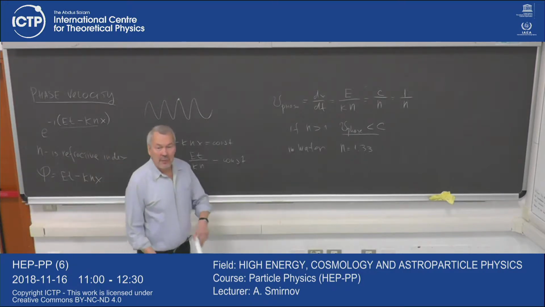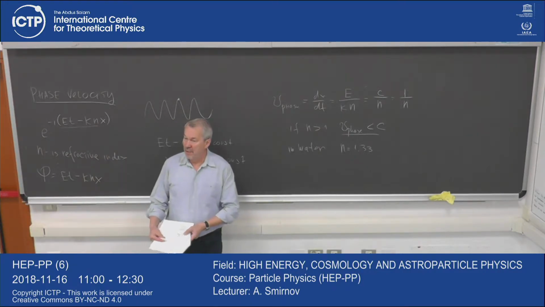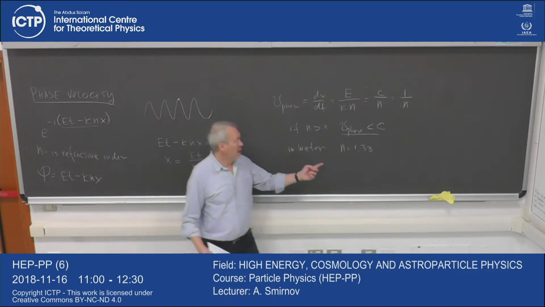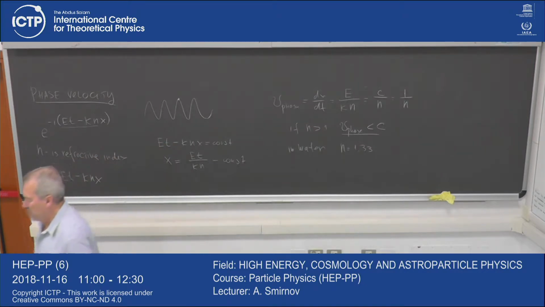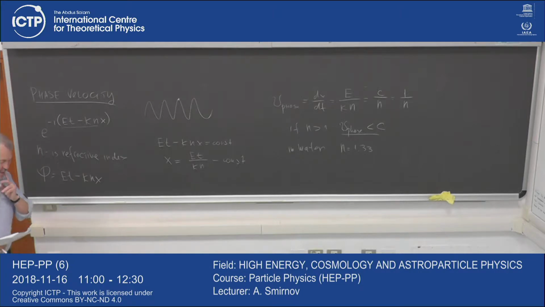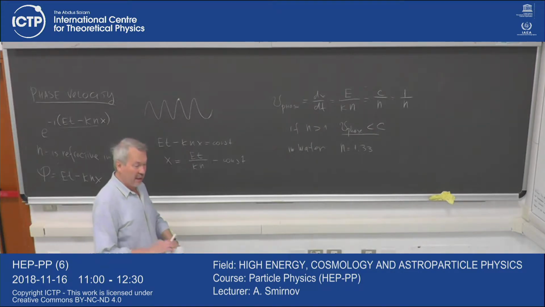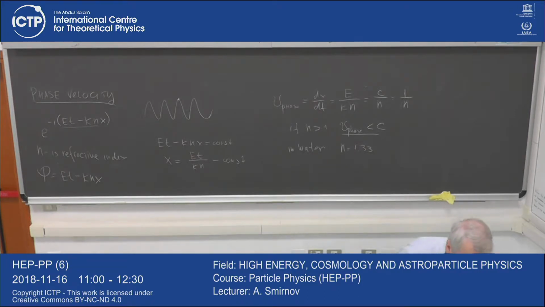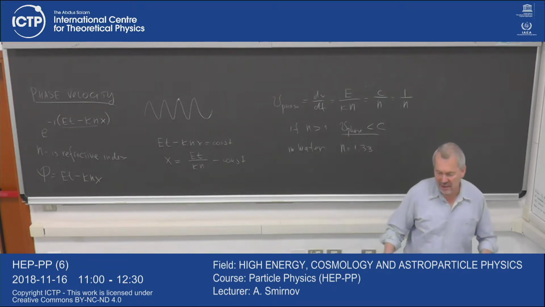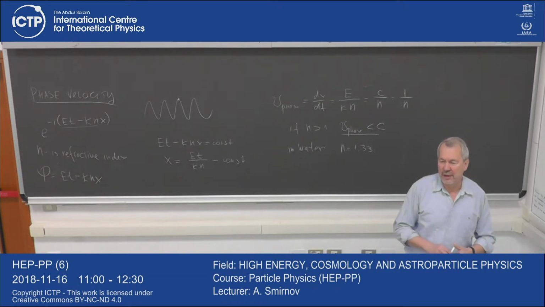So in such a medium it is easy to have a particle moving faster than 1 over 1.33 of the velocity of light, and the condition for formation of a coherent front is easy to satisfy. In fact, Cherenkov was looking for light in water precisely, and he saw some shining due to this Cherenkov radiation.